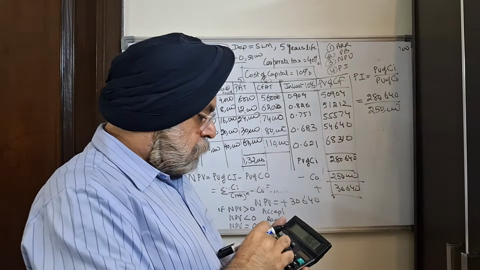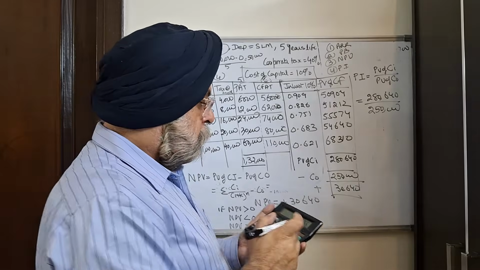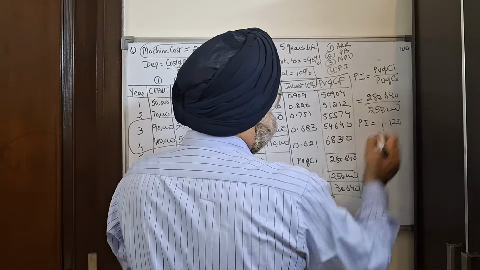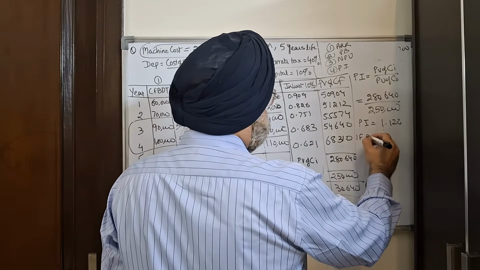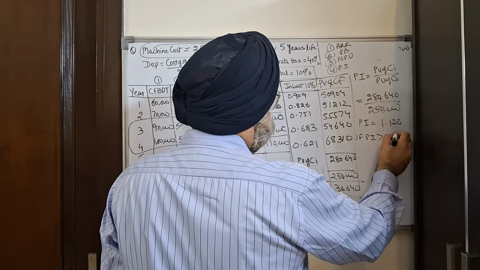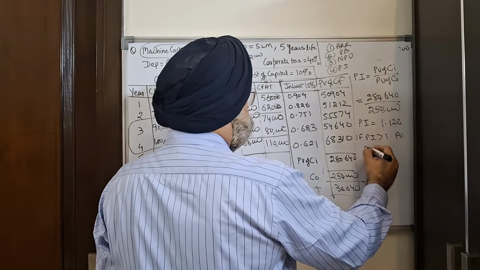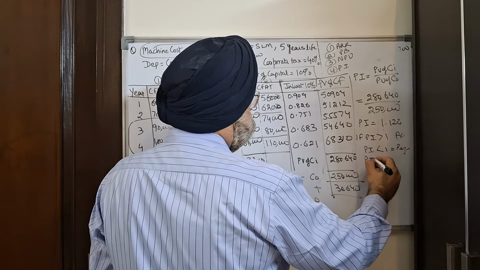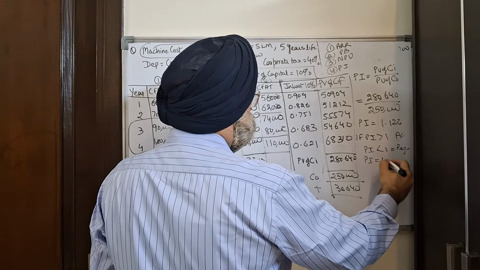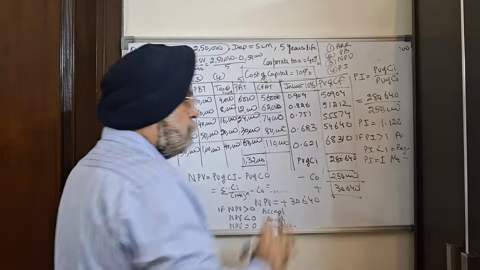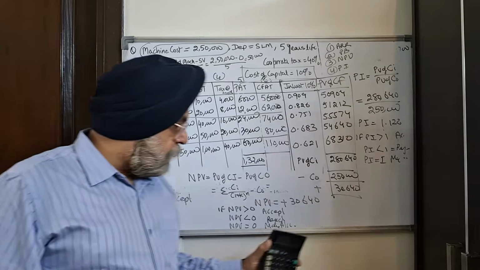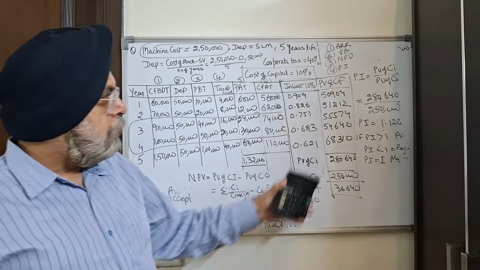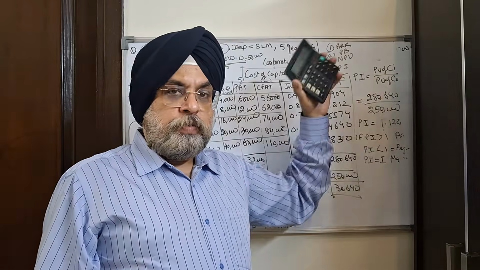So PI is equal to 1.122. If PI is greater than 1, we will accept. If PI is less than 1, we will reject. If PI is equal to 1, we may accept or reject. So in both cases, NPV is positive, greater than 0, we will accept. PI is greater than 1, we will accept.